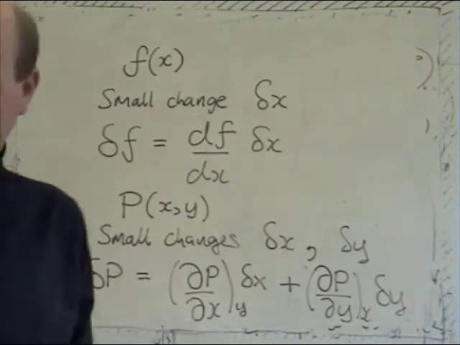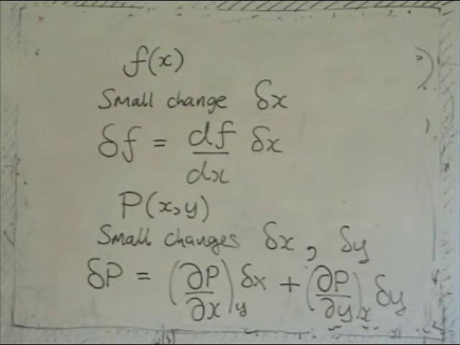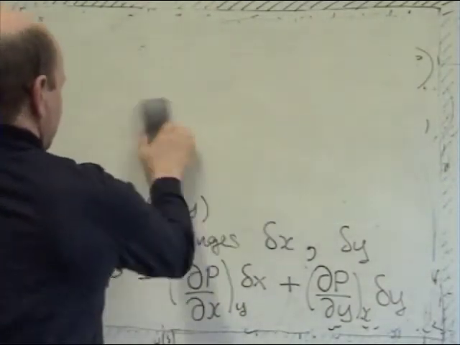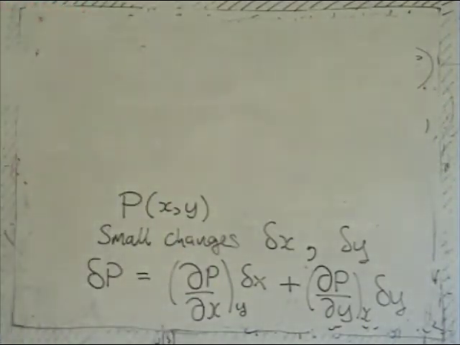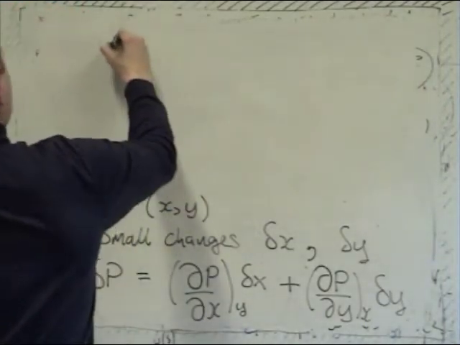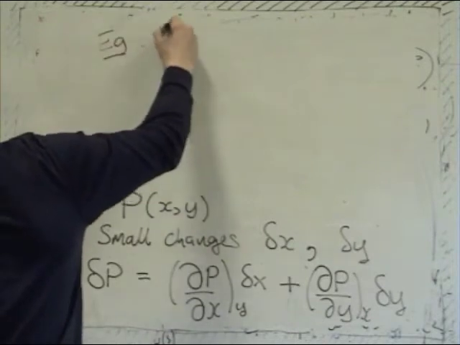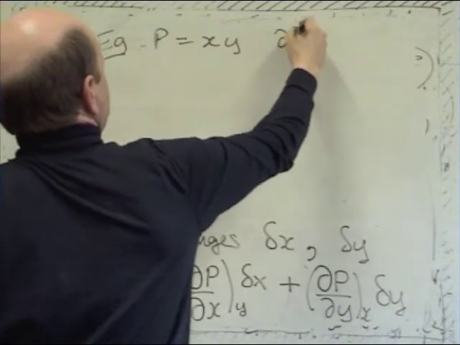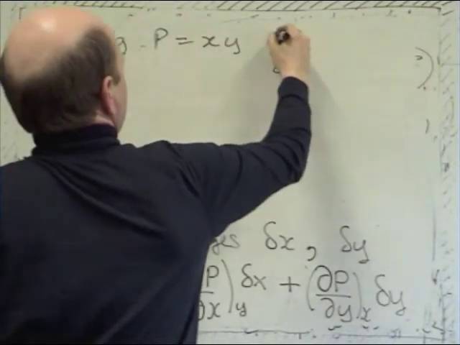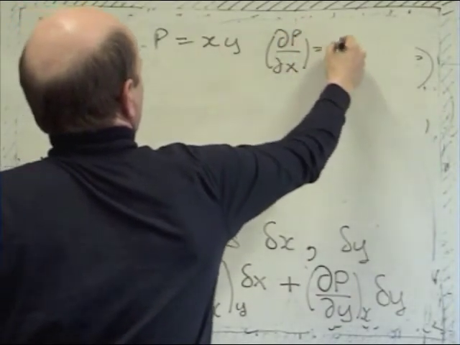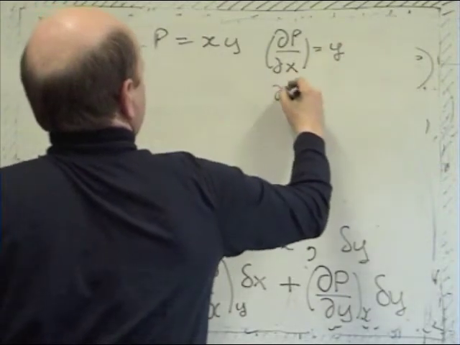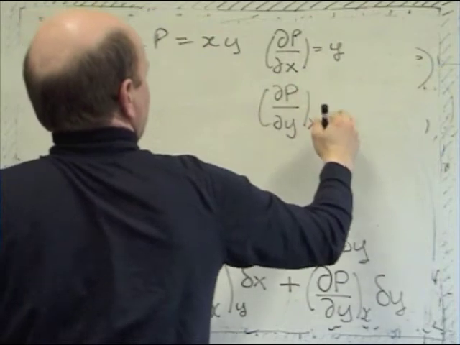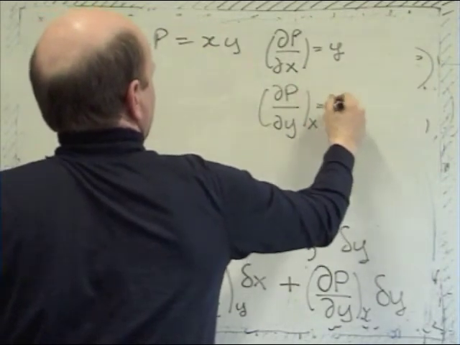Okay, so let's do a quick example. So suppose, for example, p is actually the product of x and y. So suppose p equals xy, then the partial derivative of p with respect to x, leaving y fixed, is just y, and the partial derivative of p with respect to y, leaving x fixed, is just x.